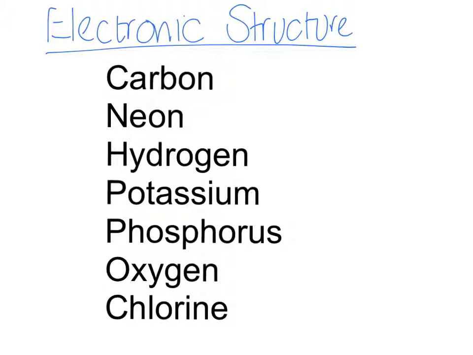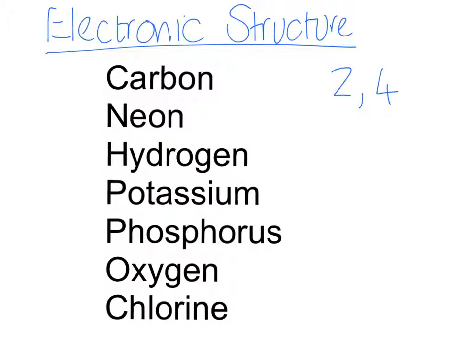So I want you to draw out your circle arrangement with the arrangement of the electrons, and then I also want you to write the electronic configuration beside that in written form. So for example, with carbon, you'll end up with an electronic configuration of 2, 4. So write that beside your electronic structure when you're finished.